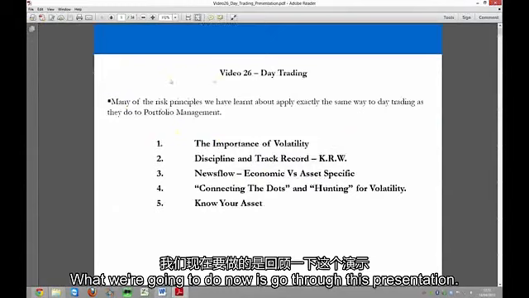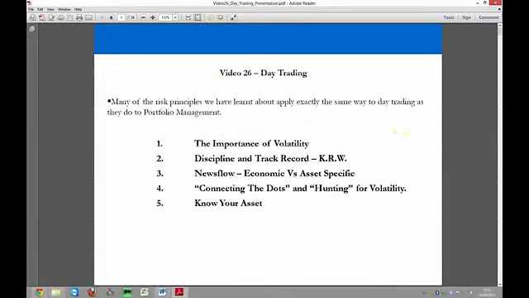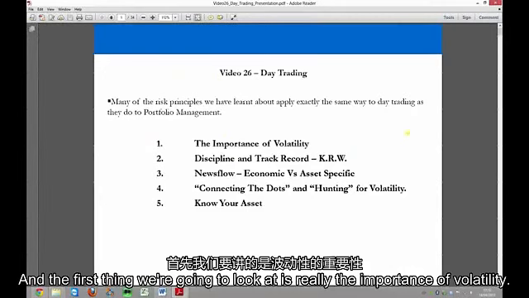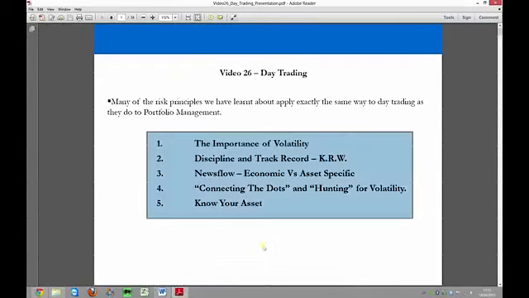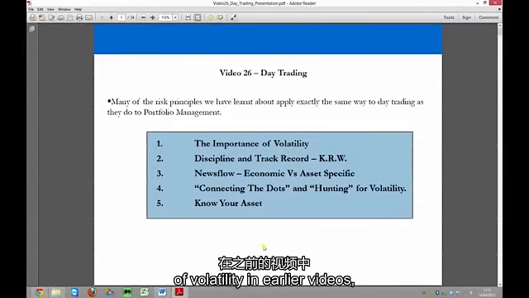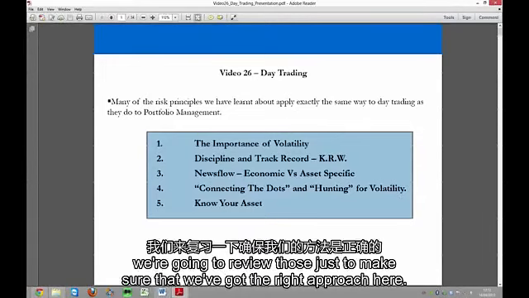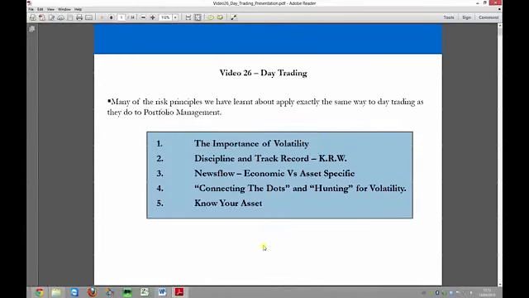What we're going to do now is go through this presentation slide by slide. The first thing we're going to look at is the importance of volatility. We've seen the concepts of volatility in earlier videos, and we're going to review those just to make sure that we've got the right approach here.